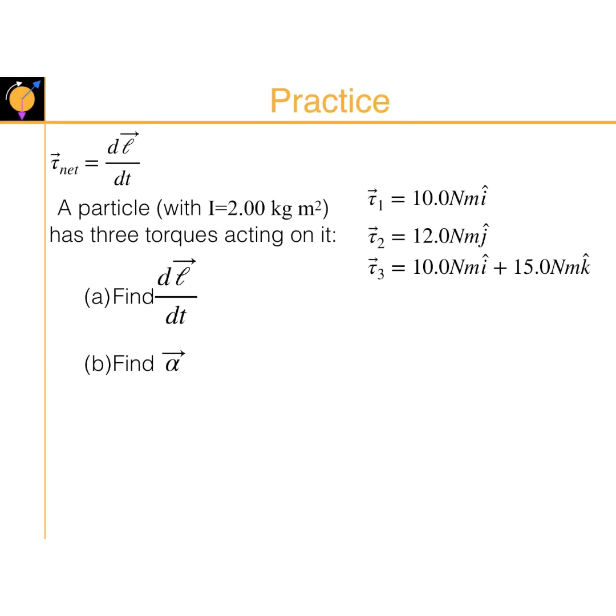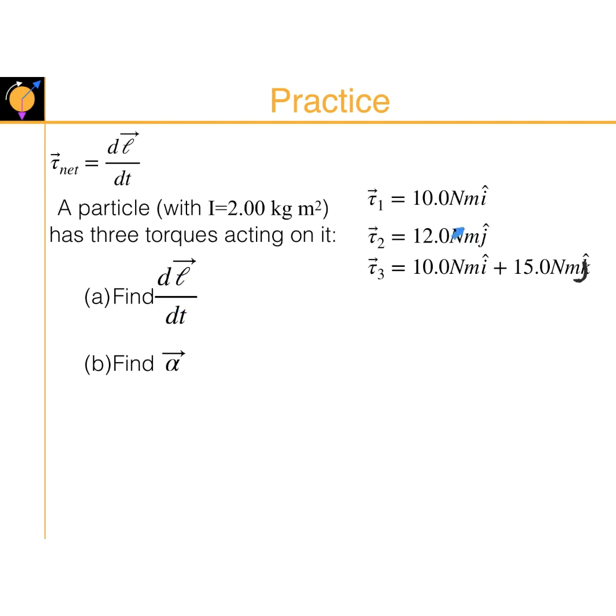So let's apply that to a simple example. Here I have a particle with a moment of inertia of 2 kilogram meter squared, and I have 3 torques acting on it. I'm just going to change this to a j hat, just to make it a little bit simpler. For part A, we want to find the rate of change of the angular momentum.